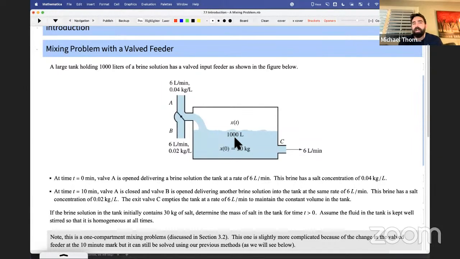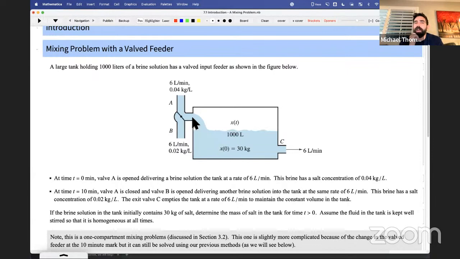Now we're going to let X represent the amount of salt in the tank at time t. Let's say we have an initial condition, X of 0, the amount of salt in the tank at time 0, is 30 kilograms. That's the setup.